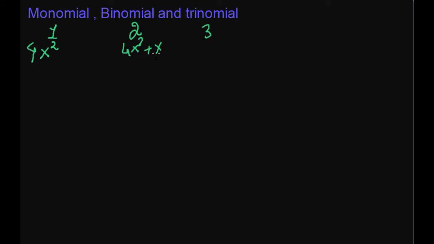Why? Because this contains only two terms. 4x to the power 2 plus x plus 2. This is called trinomial because this contains three terms. So this is the only difference between monomial, binomial and trinomial.